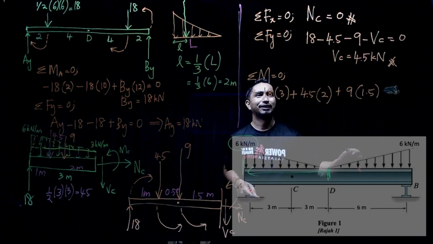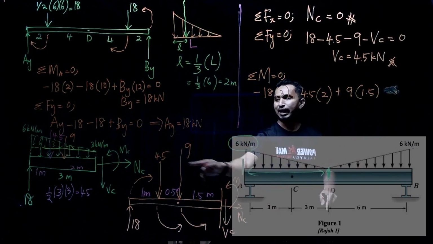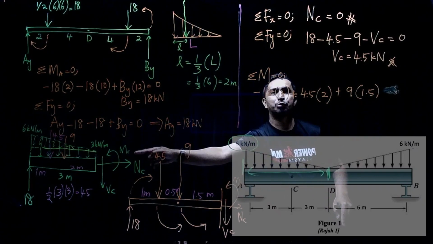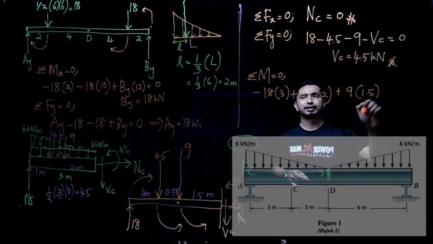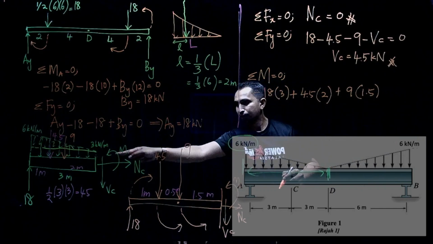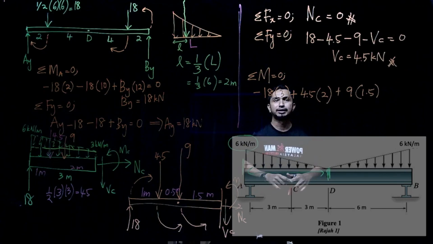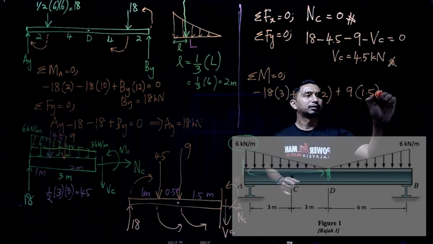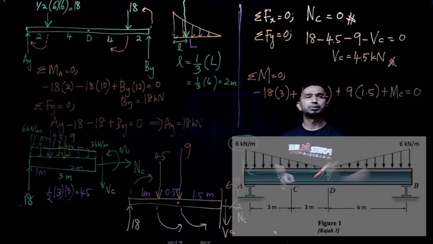We have another one, MC here. So don't forget this MC. This is what we want to find. So, not finished yet. The arrow is counterclockwise, meaning that plus MC equal to 0.